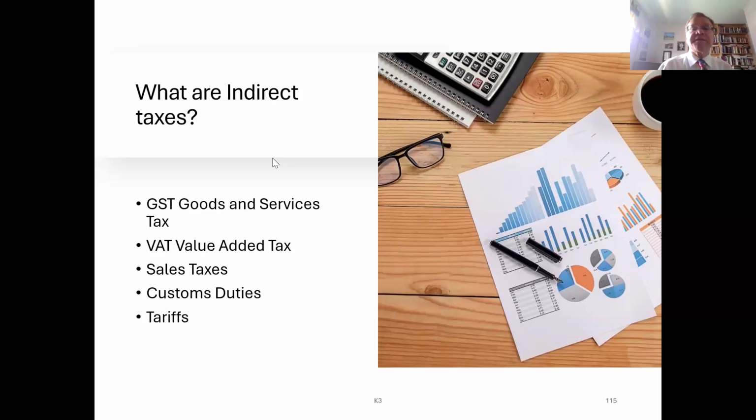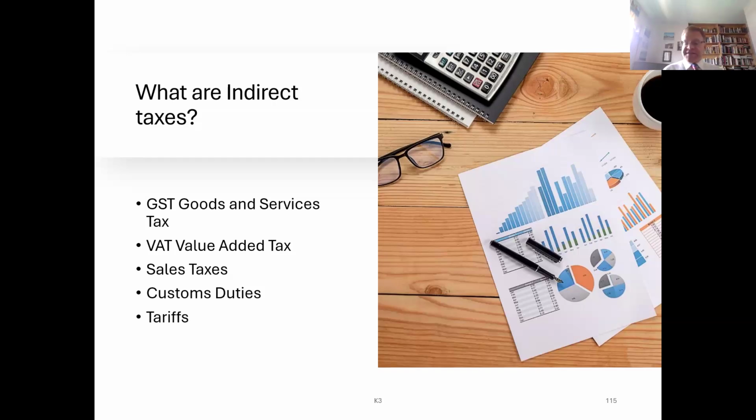So what are indirect taxes? What we're looking at there is GST, goods and services tax, VAT, value-added tax, sales taxes, customs duties and tariffs.